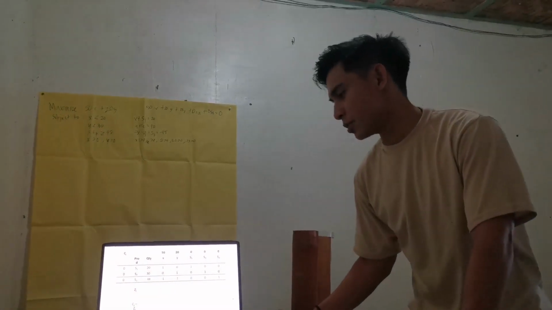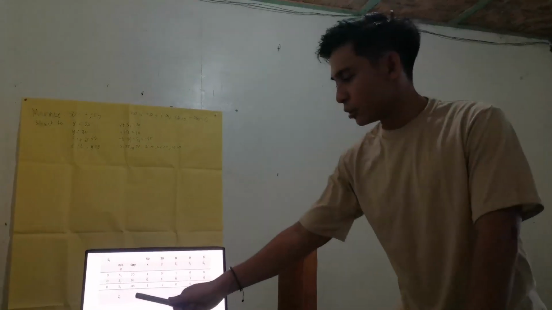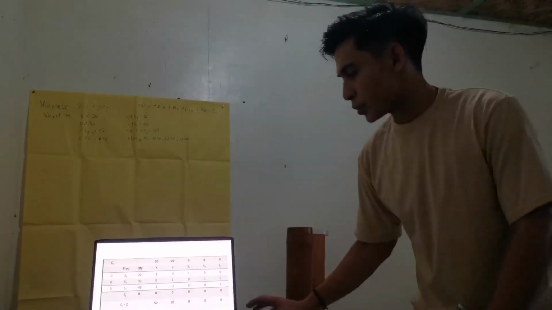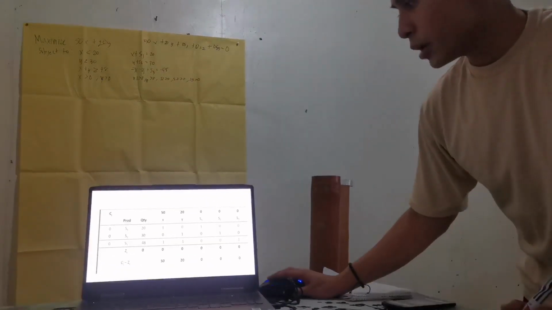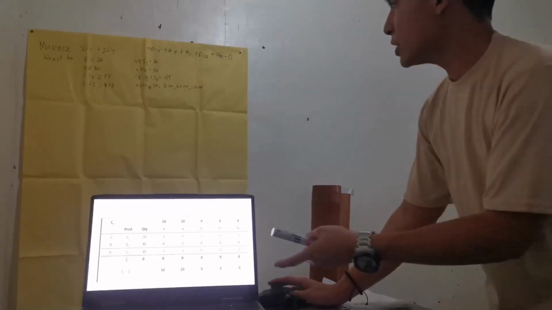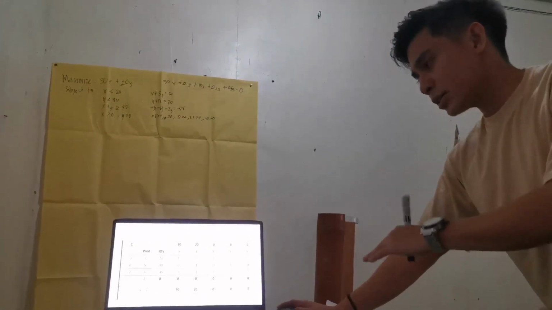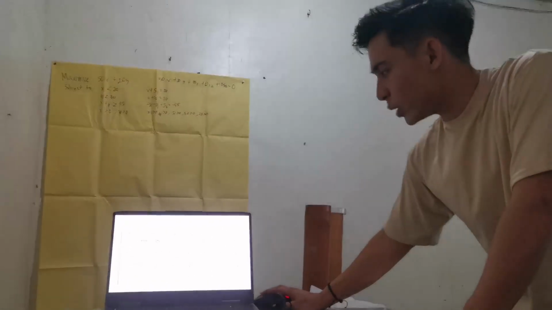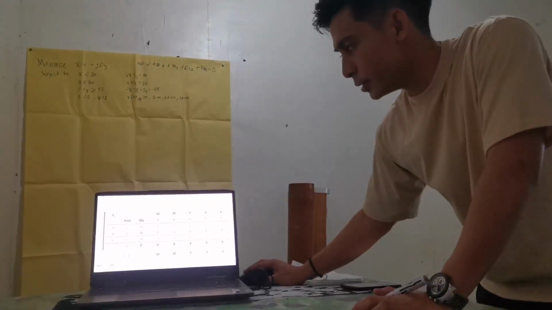Kasi automatic 0 na. And the c sub j minus z sub j formula natin is i-subtract lang natin yung c sub j sa z sub j. Yung 50, 20, 0, 0, and 0, subtract lang natin yan.